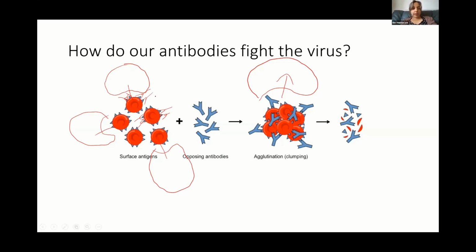However, if the antibodies bind to the virus in advance, they can highlight the virus for the phagocyte to notice it from a mile away, excuse the pun, and then just go to it and attack it. So that's how antibodies work and how they're so important.